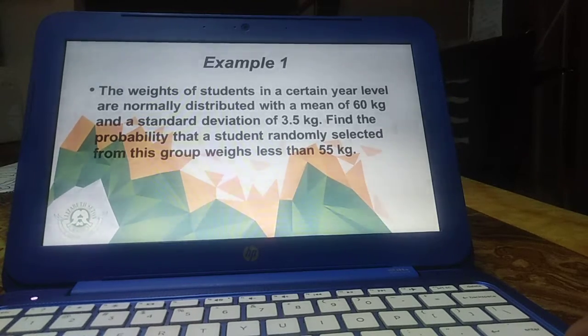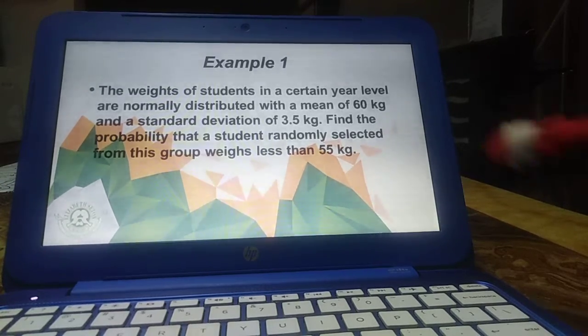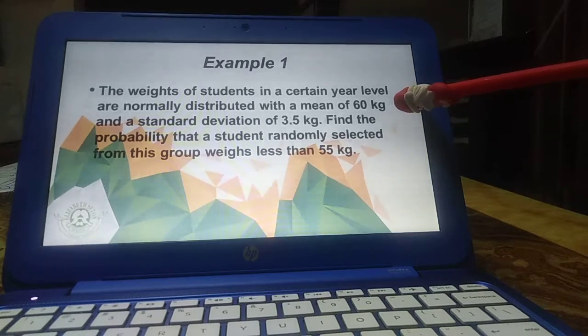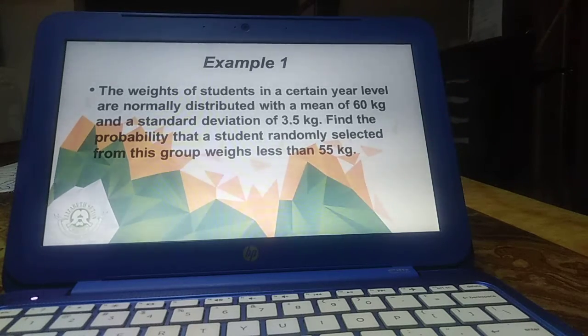Take note that we are looking for the probability that a student randomly selected will weigh less than 55 kilograms. Therefore, the given measurement should be 55. 60 is our mean, and 3.5 is our standard deviation.